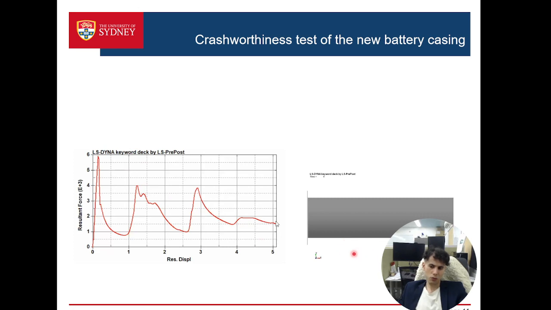Actually, I have to say that this crashworthiness test, which can be conducted by putting a plate on top of the battery, is another standard test for finding the structural integrity of the lithium-ion battery out of those four standard tests.